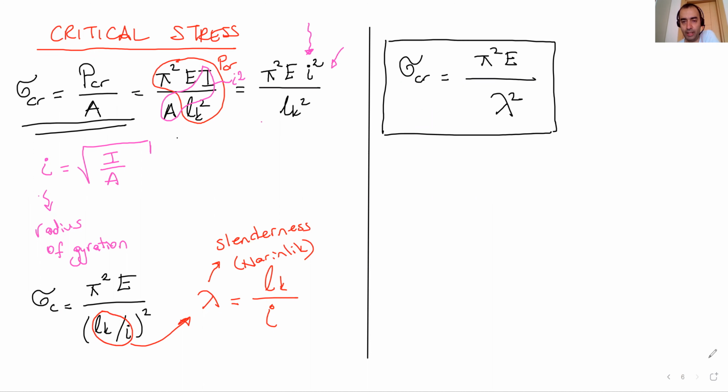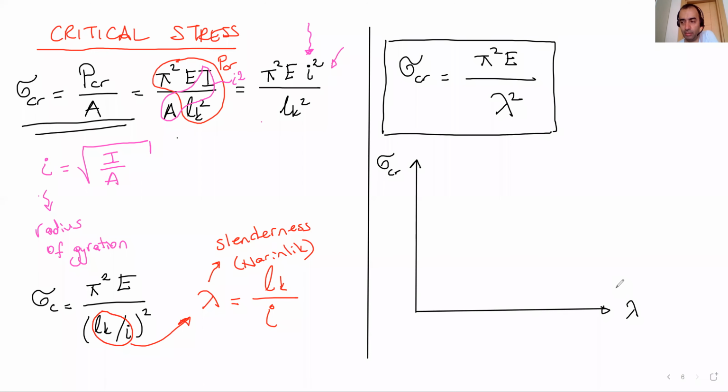Now I will explain where this works. Okay, this is the critical stress. Here, sigma critical and lambda.